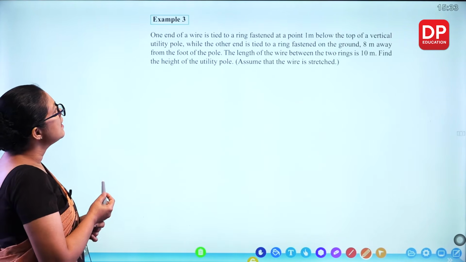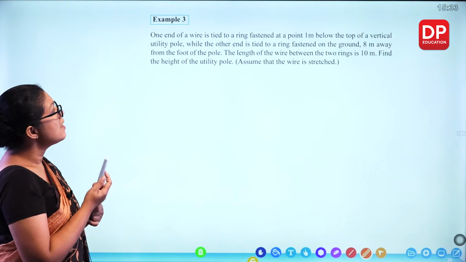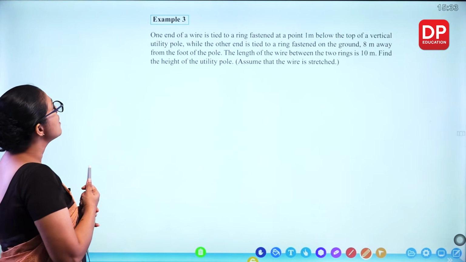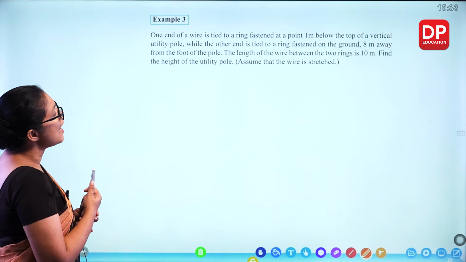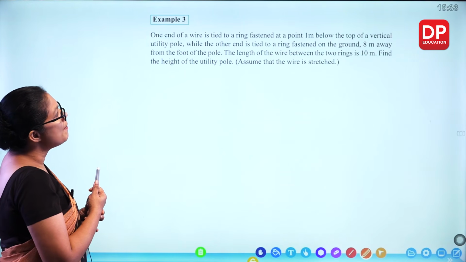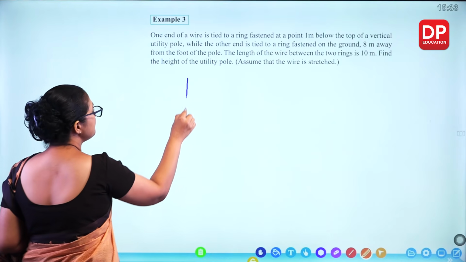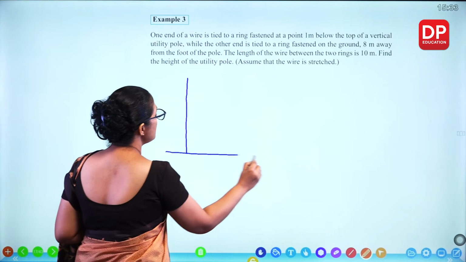Example 3, this is a practical application. So you can use Pythagoras theorem in real life situations. One end of a wire is tied to a ring fastened at a point 1 meter below the top of a vertical utility pole. We'll take this as the pole, this is the ground.